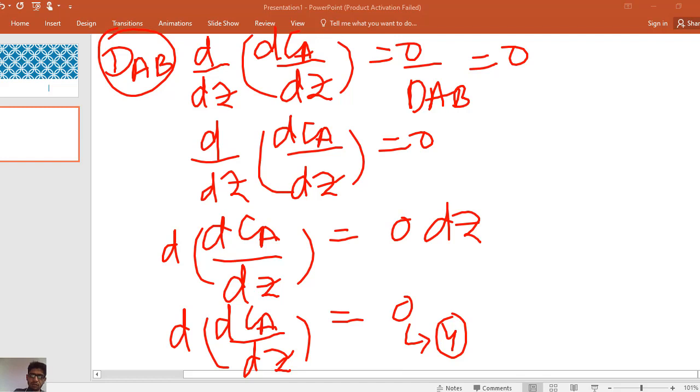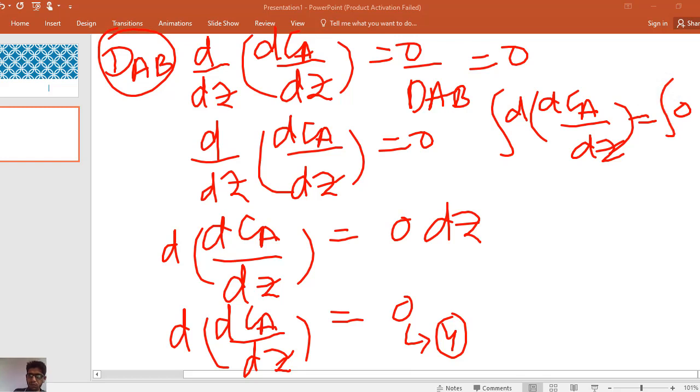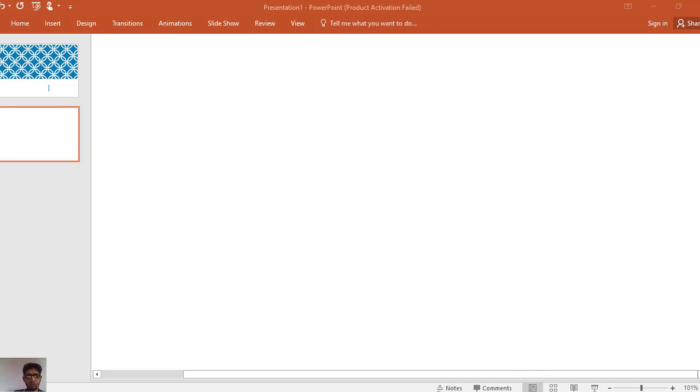After integration we will get the integral of d(dCA by dz) equal to the integral of 0. As you know, the integral of 0 is a constant, and the integral sign cancels with the d. So dCA by dz is equal to a constant. The final equation is dCA by dz is constant.